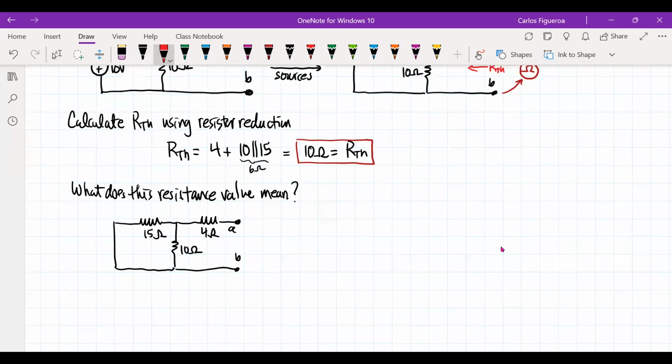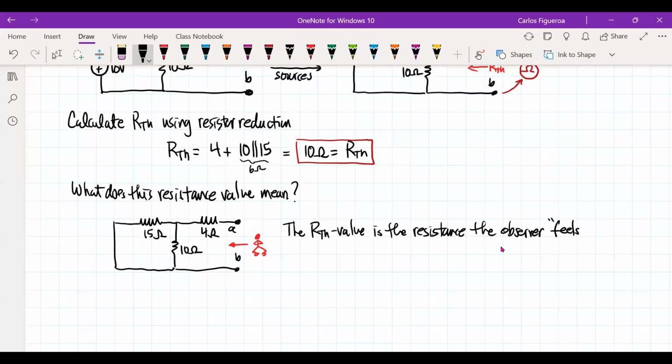what you're actually seeing here is that as you look from the location of the load, so if you're an observer from this location here, the RTH value is the resistance the observer feels.